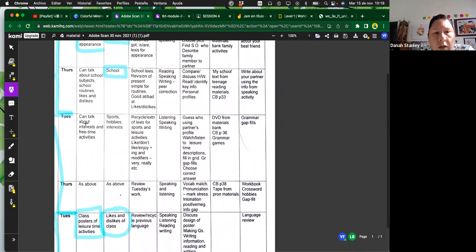Luego tenemos as above, pues can talk about interest, free time, activities, etc. Sports, hobbies, interests. Luego tenemos review Tuesdays, o sea, this revision. Like, don't like, etc., speaking and listening. In here, in pronunciation is stress, intonation, positive and negative, and info gap.